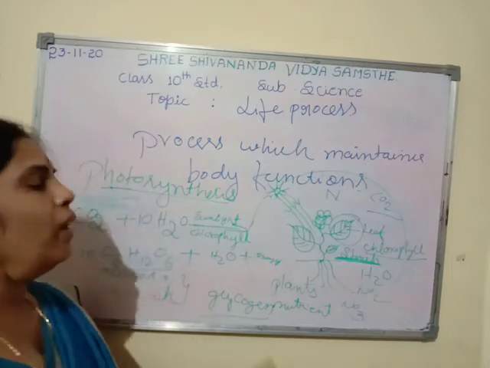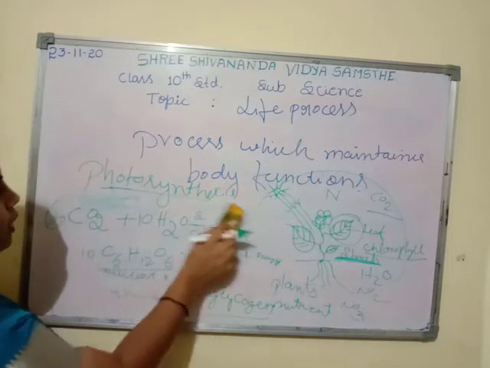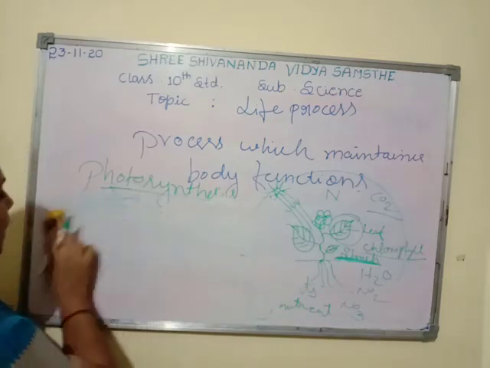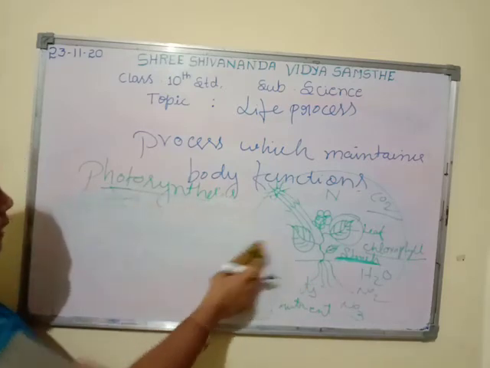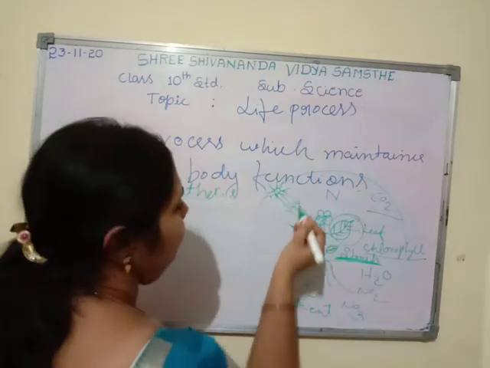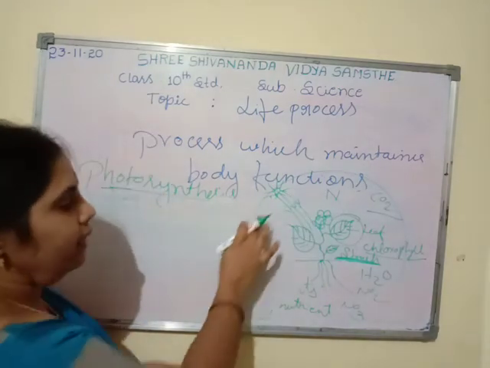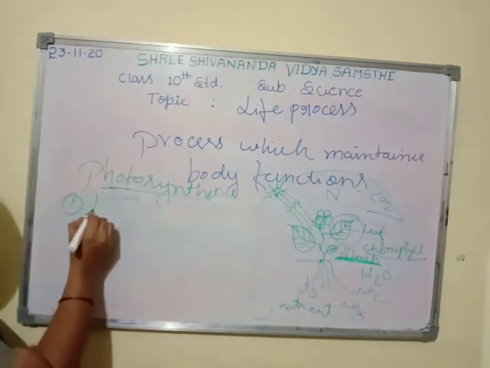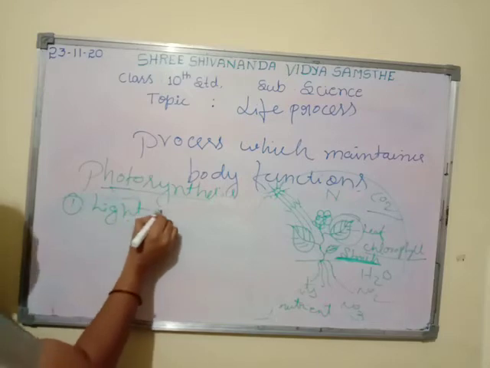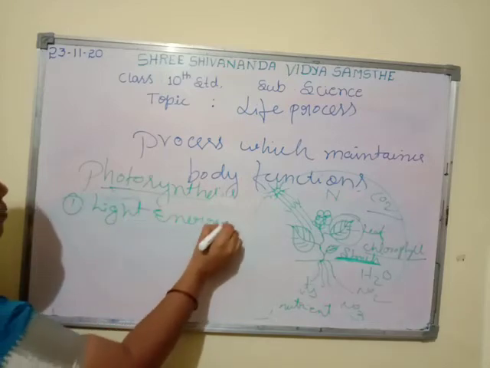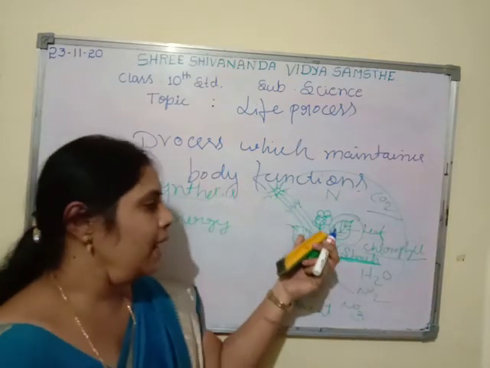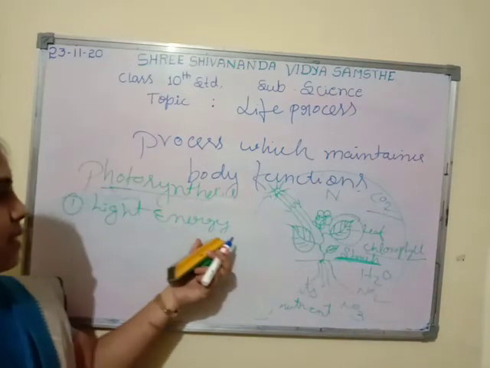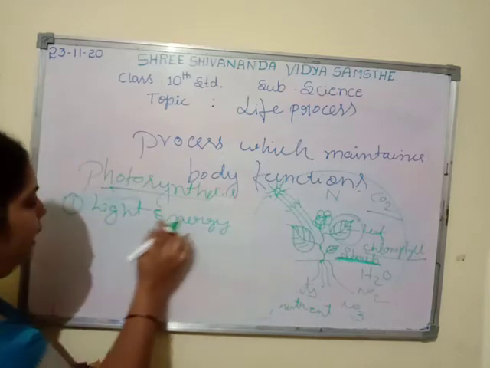So let us see what happens in autotrophic nutrition, that is, in photosynthesis. Mainly, light energy is absorbed by the plant. So what is the first point? Absorption of light energy by the plant. Next, what happens to this light energy?